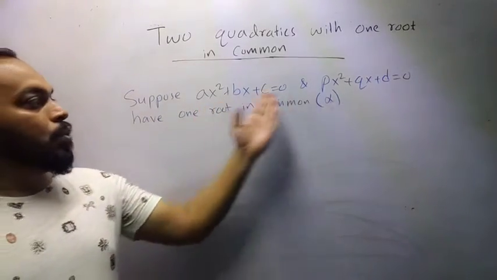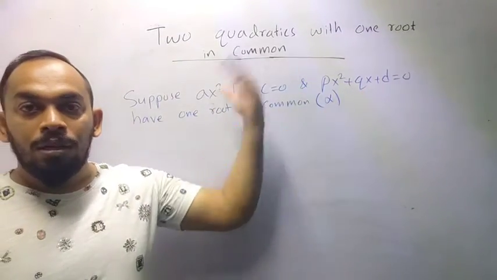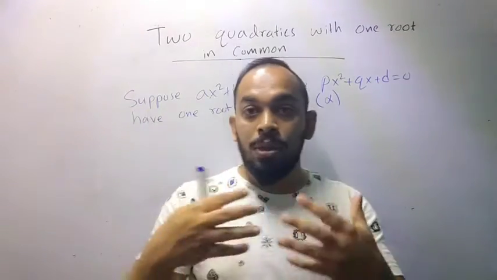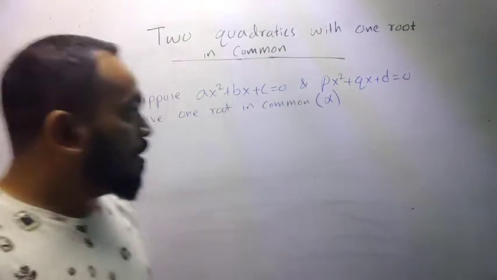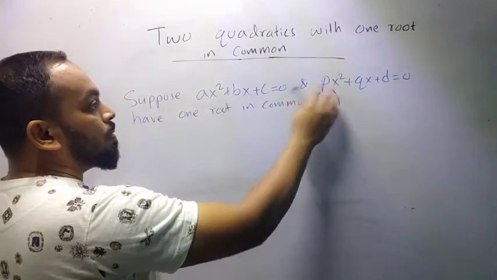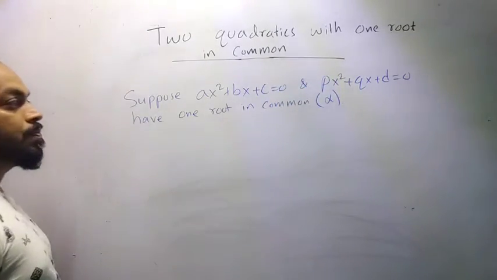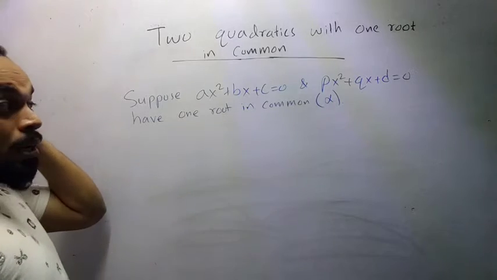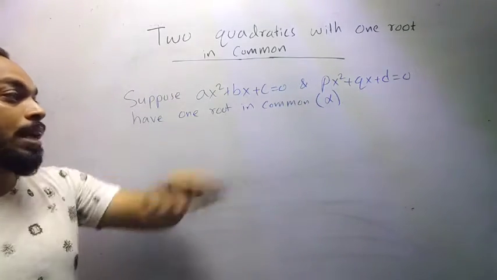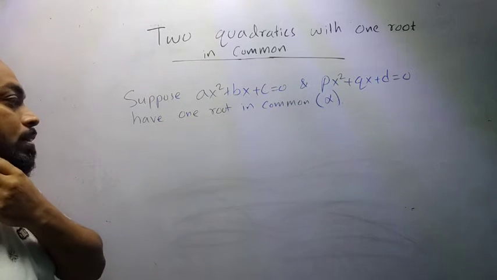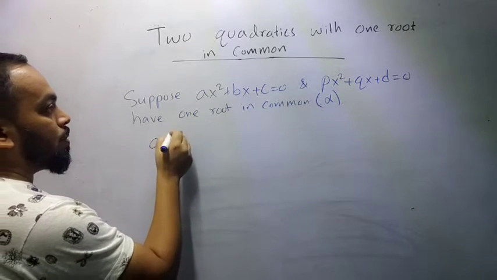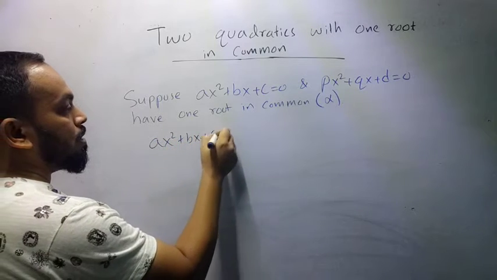So suppose we have two quadratic equations with different coefficients, provided that they are not equal to each other, or not an integer multiple of one another, and they have one root in common, which we call alpha. So what does that mean? That means ax squared plus bx plus c equals 0.